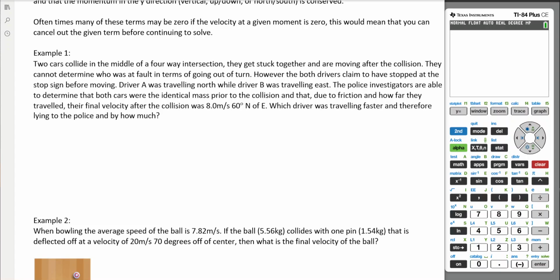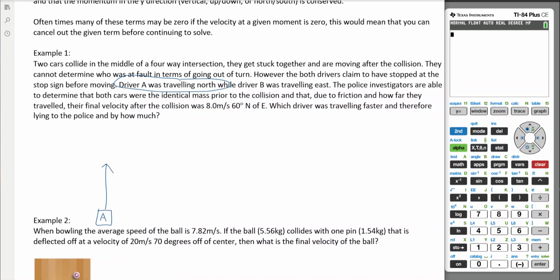So this one you could just do qualitatively, except for the statement and by how much. So we're going to try it out and see if we can do this. To start with, we have two cars colliding in an intersection. Driver A is going north, so let's just try to draw this out. I'll just say this is A, and they're going north.